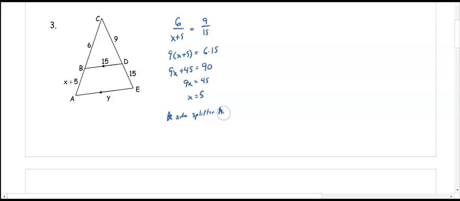Now, when we're solving for y, because it's on those third sides, the bases of the triangle, we're not able to use side splitter. So we're going to use 15 over y, but now I need to use the entire side. So if I look at CE, because it has all the numbers, I know the smaller triangle has a side length of 9, and when I add 9 plus 15, I get a total side length of 24.